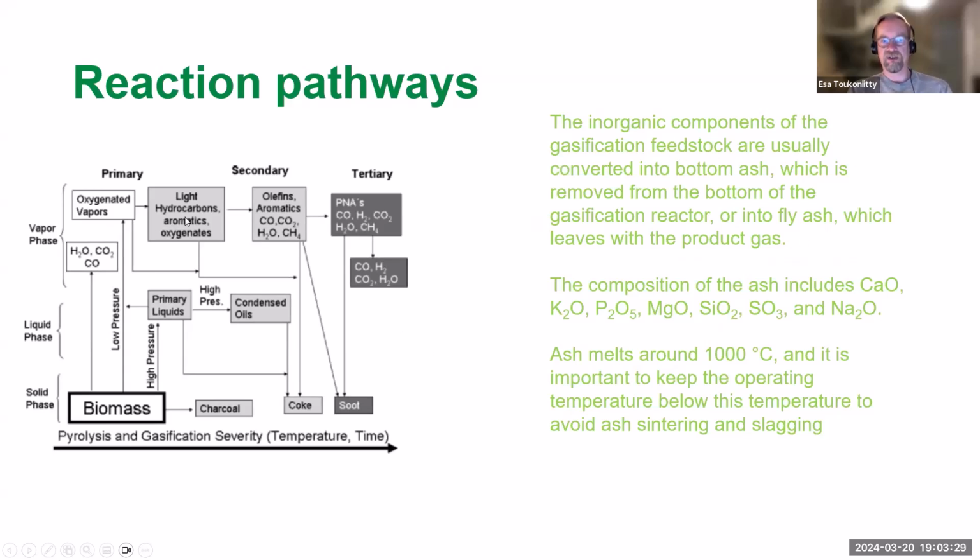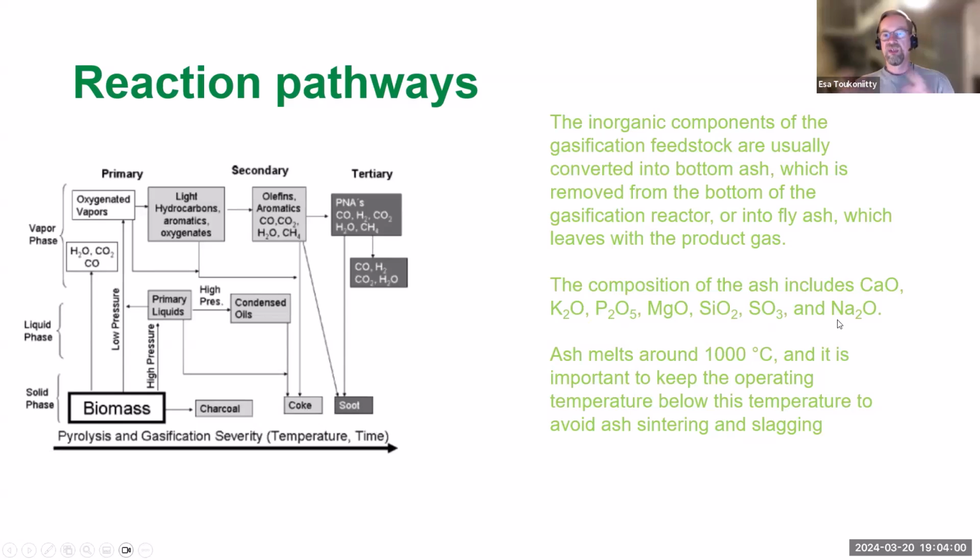Okay, and here, I don't remember so well all the slides. Here is still mentioning that bottom ash or the inorganic components. So biomass, as you know, contains these different minerals and inorganic materials. Here it is nicely illustrated that there is calcium, potassium, phosphorus, magnesium, silicon, sulfur, sodium.